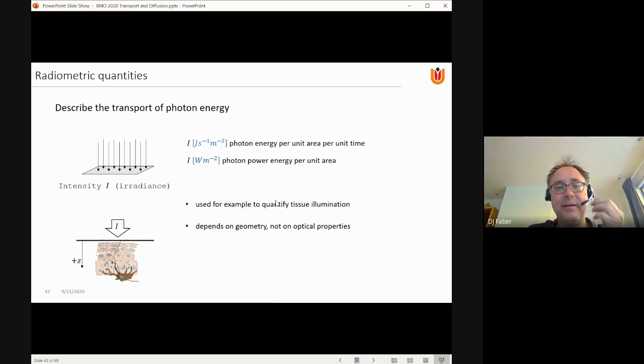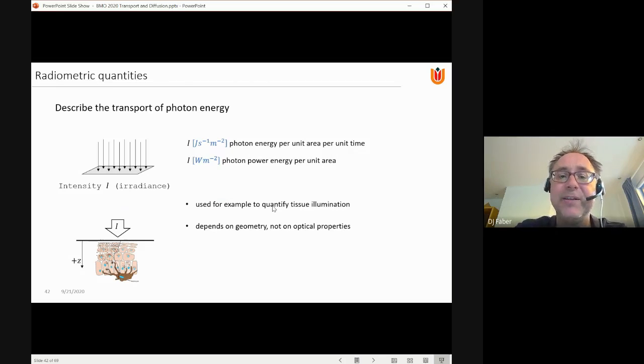Then to describe light propagation in bulk tissue, we use a slightly different set of properties, radiometric quantities. So how do we describe the transport of photon energy? Well, the first one is a very familiar one. That's the intensity. In the light transport literature, it is also called irradiance, but I'll try to stick to intensity. Its units, as we saw before, were watts per square meter, or if you like, you can write that as joules per second per square meter.